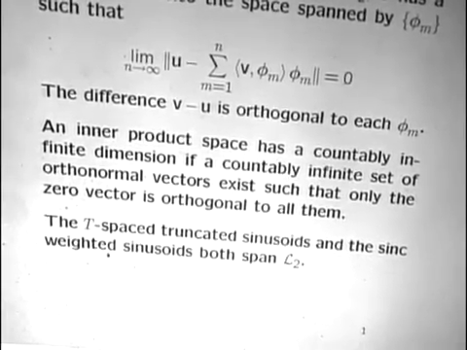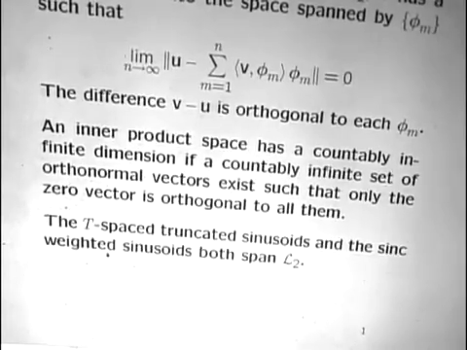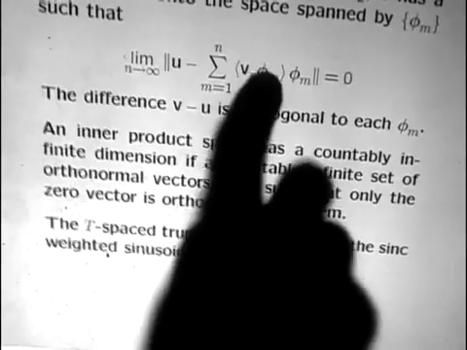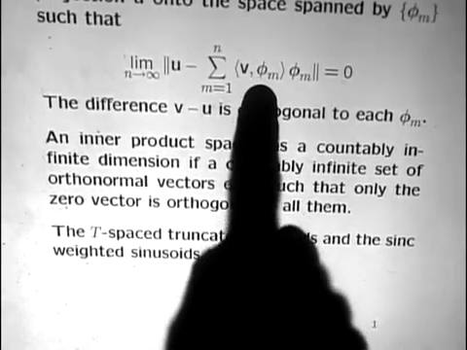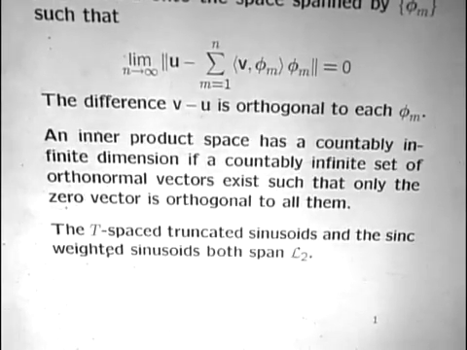I hardly remember that. The way we got around it was by saying that this orthonormal function, which was a truncated sinusoid, was truncated to minus t over 2 and plus t over 2, and the waveform was just e to the 2 pi i f t.